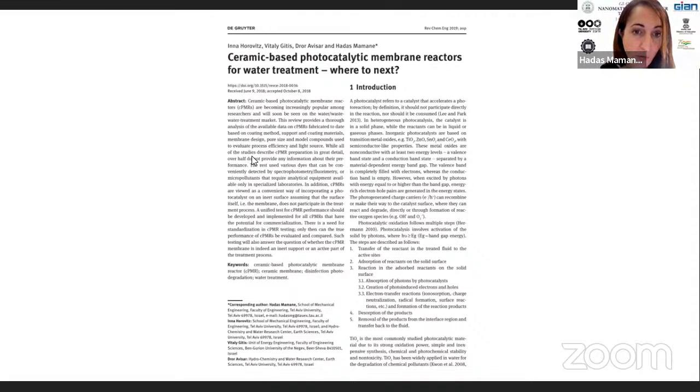While all the studies describe ceramic-based photocatalytic membrane reactors in great detail, over half do not provide any information about their performance, which is very surprising. The rest use various dyes that can be conveniently detected by a spectrophotometer, or micropollutants that require analytical equipment available in specialized labs.